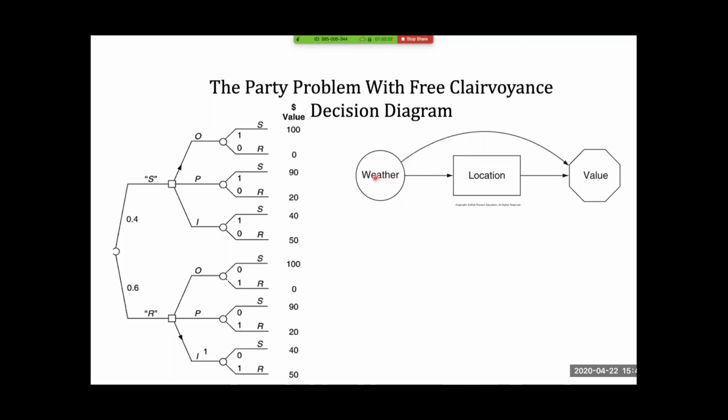Here, we can just have an arrow from weather to the location, because the weather is known for sure before Kim decides where to have the location. When Kim decides where to have the location over here, he knows the weather is going to be sunny for sure. When Kim is deciding the location after a rainy day message, he knows it's going to be a rainy day for sure.